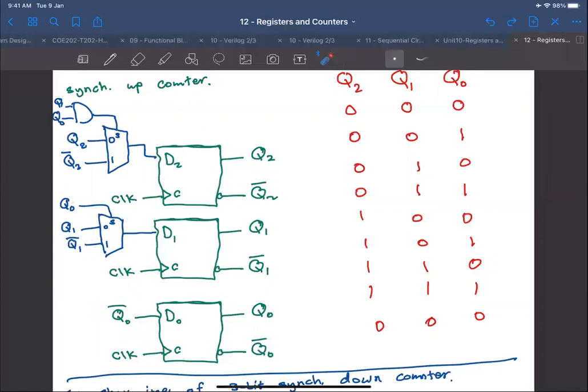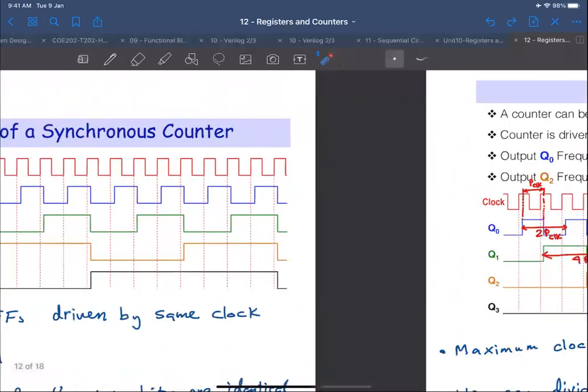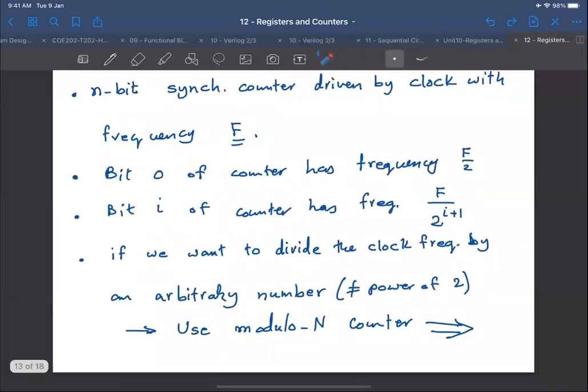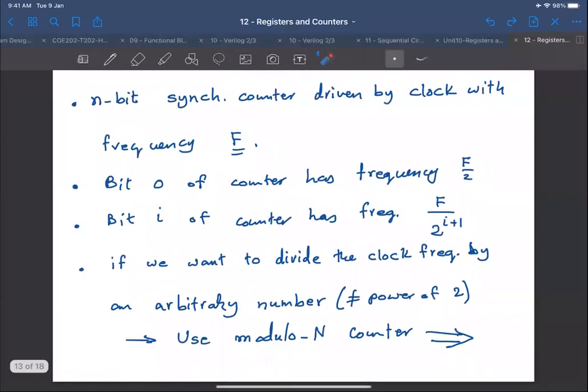And going back to the counter now. I need to remind you again what we are trying to do. I'm sorry to do that many times, but I'm trying to make sense of my exercises here. We are trying to divide the clock frequency by an arbitrary number that is not a power of 2.